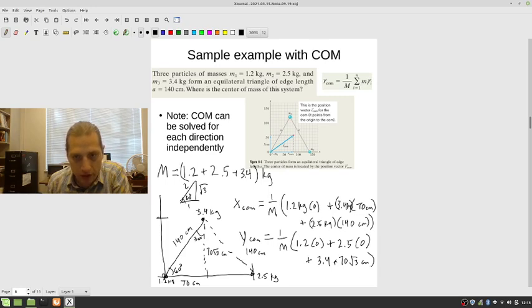Okay, and these are in kilograms. You'd have to divide this by the total mass in kilograms, and then you'd find the center of mass. So I would expect to find it somewhere up here, and I'll let you look at that example in your book or stick in the numbers for yourself.